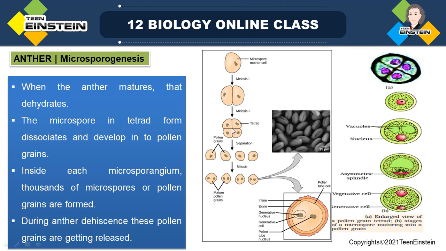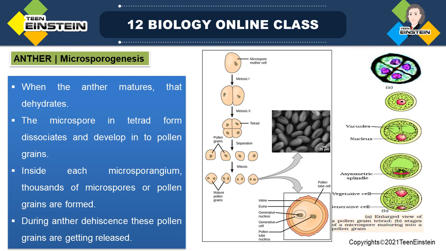When the anther is becoming mature, it loses its water content slowly. The microspores in tetrad form also dissociate and develop into pollen grains. Here the tetrad gets dissociated and forms pollen grains.